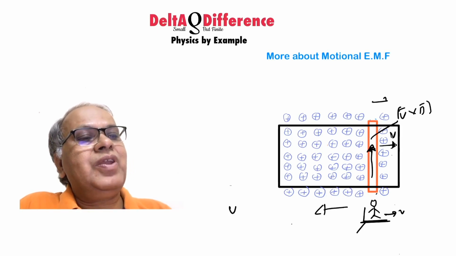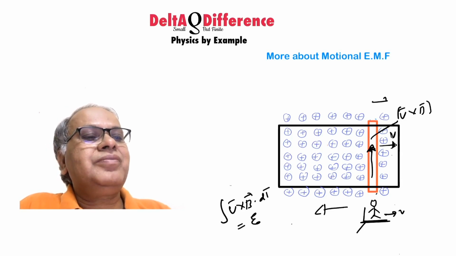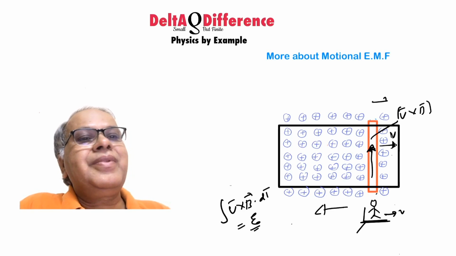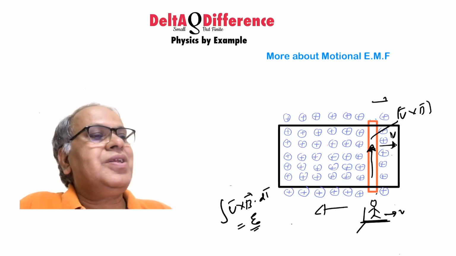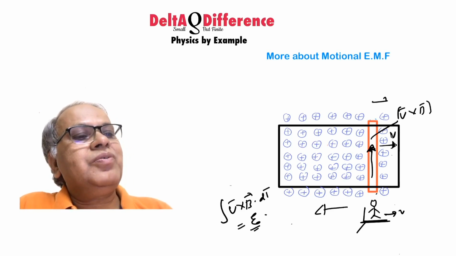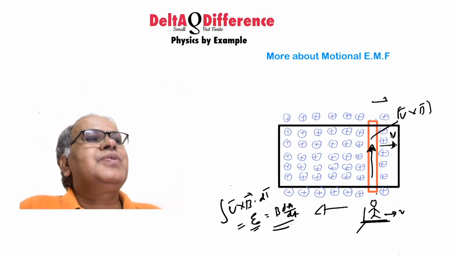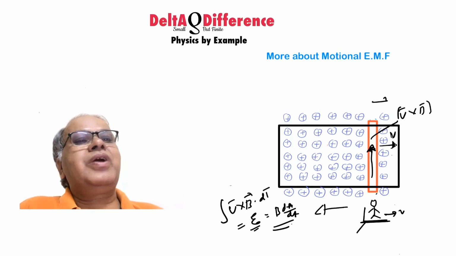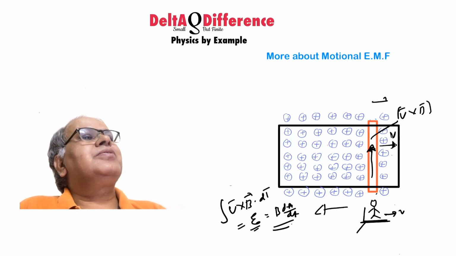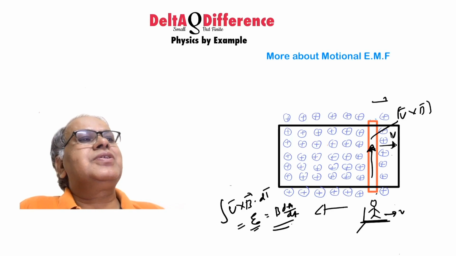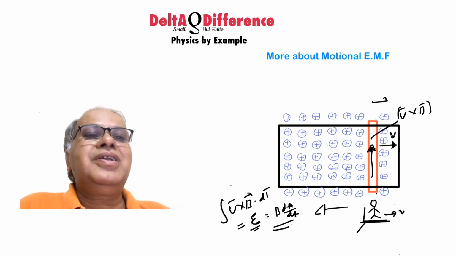Total work will be the integral of V cross B dot dl, that is the EMF, which also, accidentally or incidentally, whatever it is, equals B dA by dt. So for both the parts we provided our explanation. So this is the physics of electromagnetic induction.